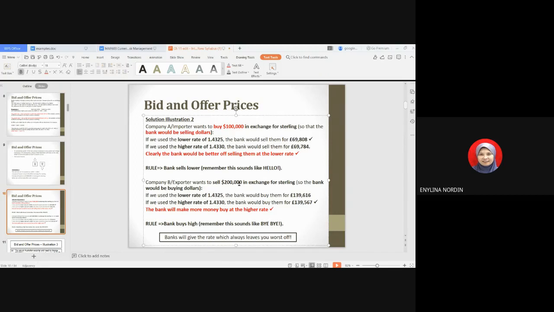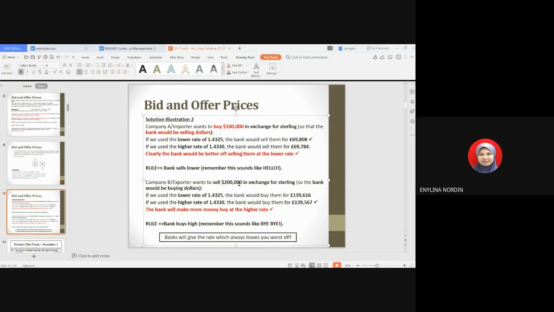And the next issue here is that the bank should determine which rate to use. So we have the range between 1.4325, the low rate, and 1.4330, which is the higher rate. So we know that the bank is going to sell the dollar. If the bank wants to sell the dollar, the rate that the bank should use is the low rate.